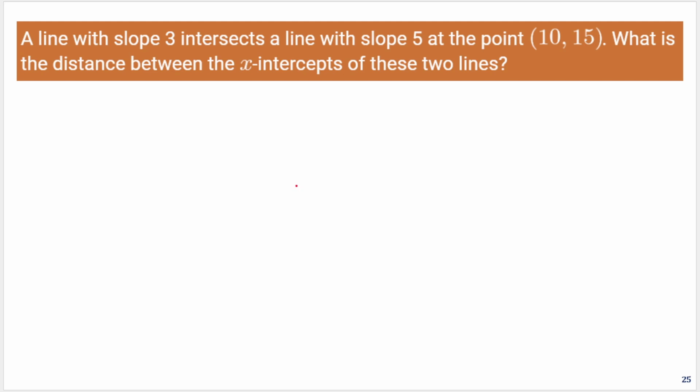A line with slope 3 intersects a line with slope 5 at the point (10, 15). What is the distance between the x-intercepts of these two lines?